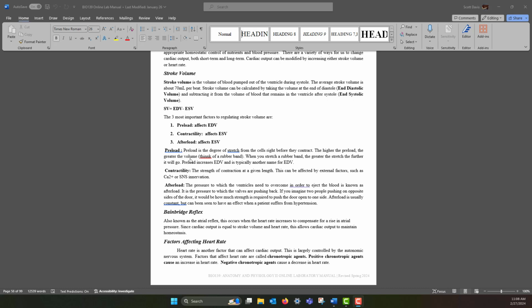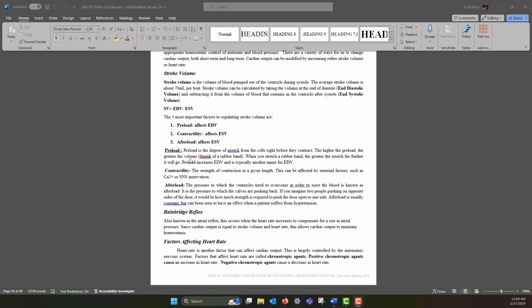But what does it have to pass through? It has to pass through the aortic semilunar valve. Well, when does that aortic semilunar valve open? When pressure in the left ventricle is greater than pressure in the aorta.